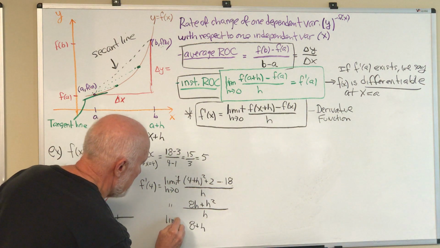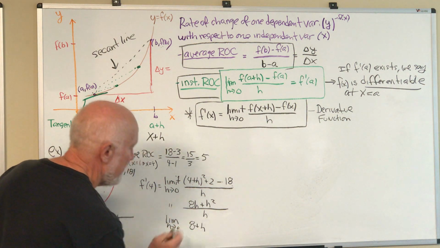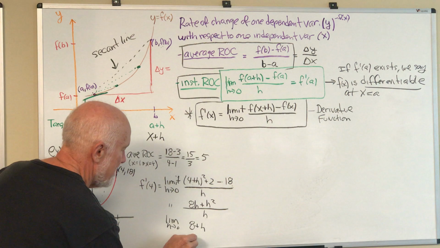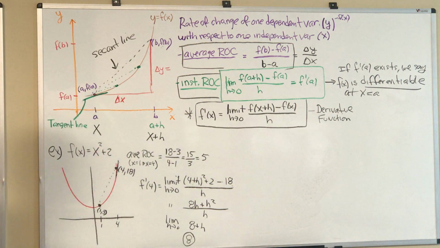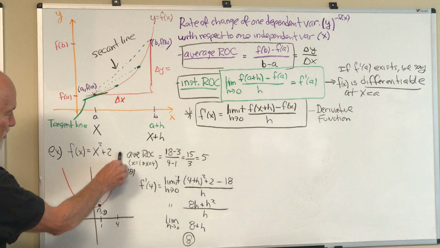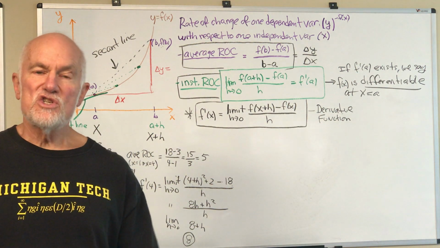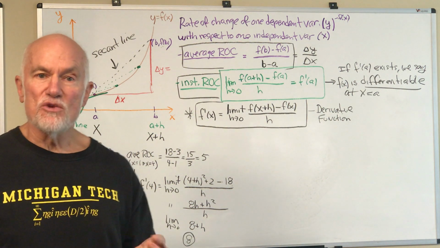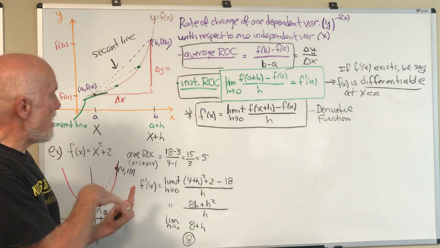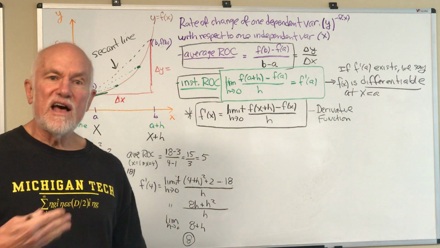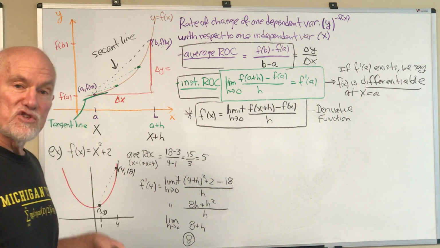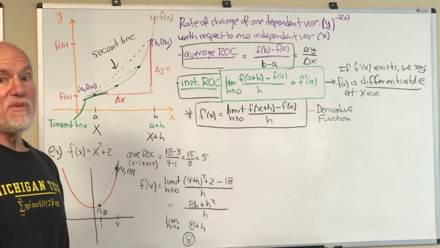And then what's the limit as h approaches 0 of 8 plus h? It's just going to be 8. So the slope of this curve at this point is going to be 8, which in an actual application, when x and y really are representing some real-life variables, that rate of change is going to be something that might be very important.